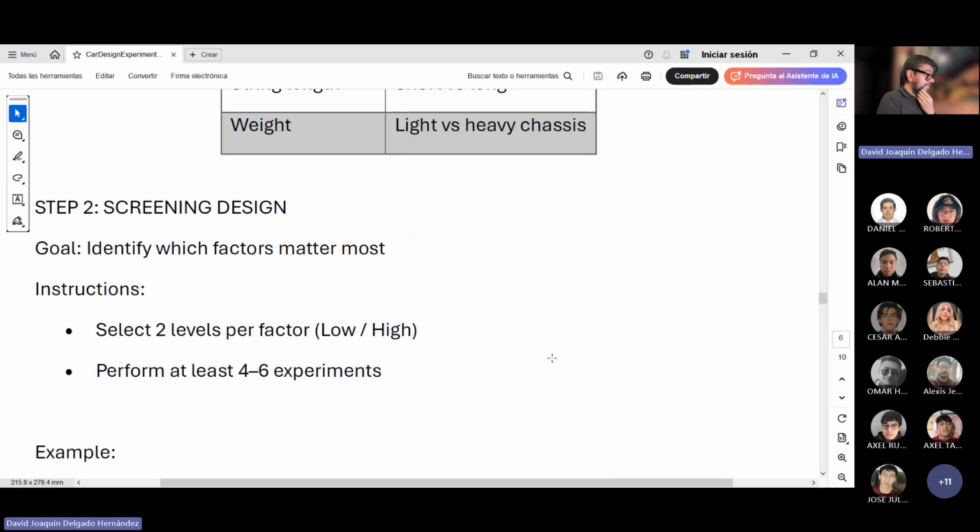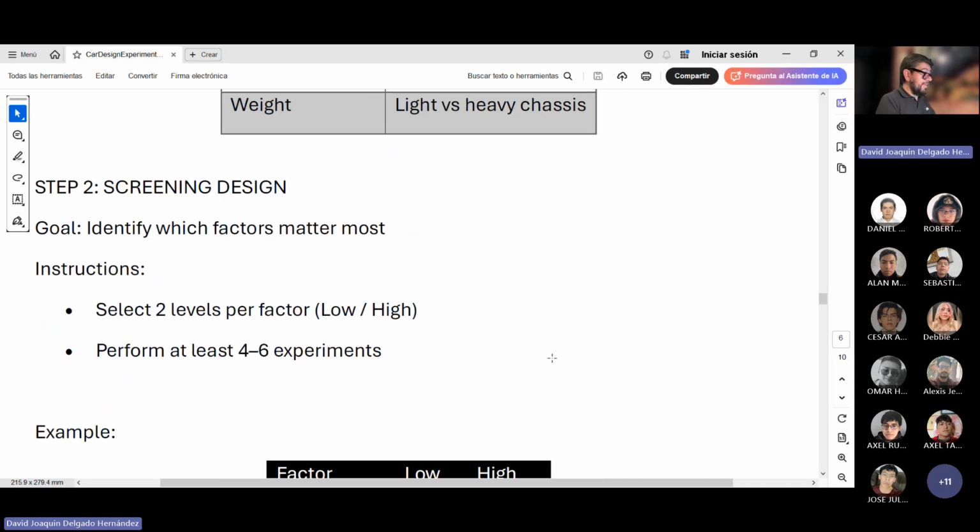Then in the screening design, you have to identify which factors matter most. So at the beginning, in order to screen, just to give an idea, just choose two different levels, low, high, okay? And carry out some experiments in order for you to decide this is an important factor or this is not an important one, okay?